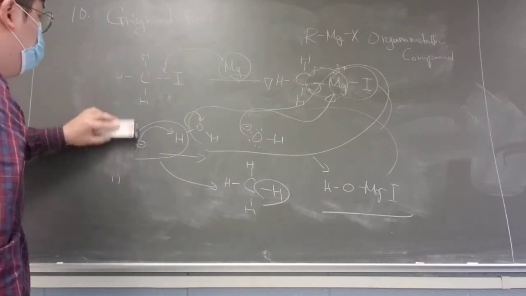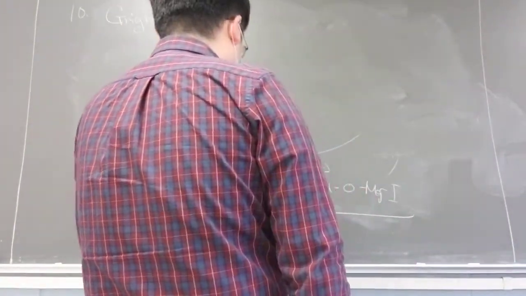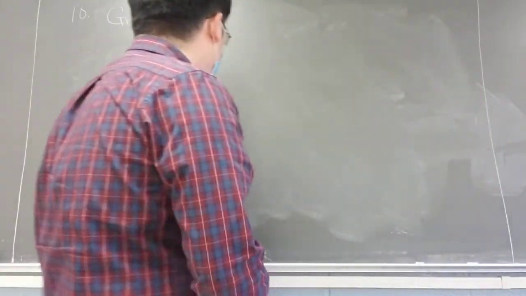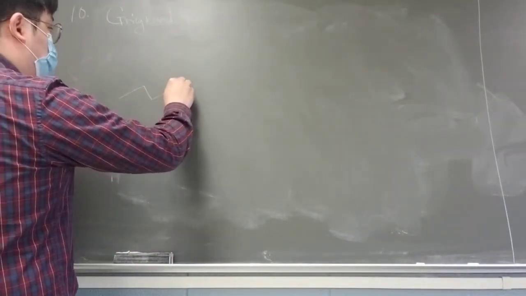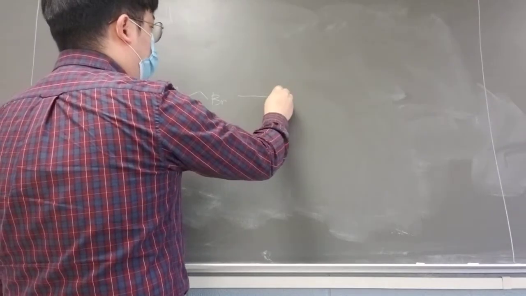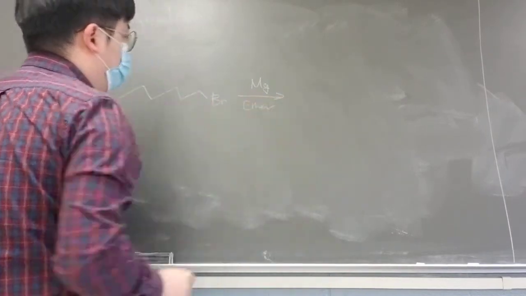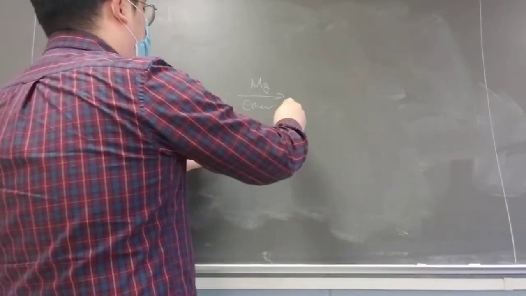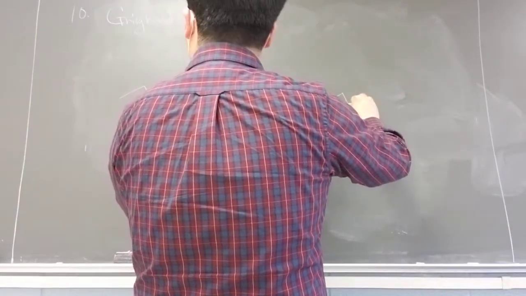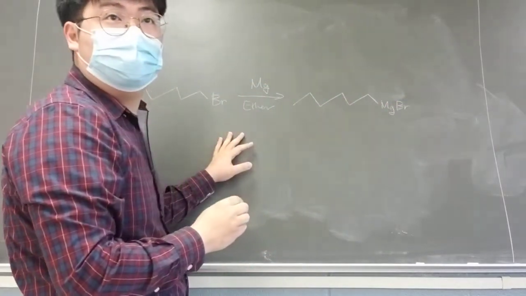Oh, so just to give you one more example here. If that is the case, maybe you can have this type of compound over here, right? You can also treat it with magnesium over ether with some organic solvent there. And then you're eventually going to have this, right? Makes sense, right?